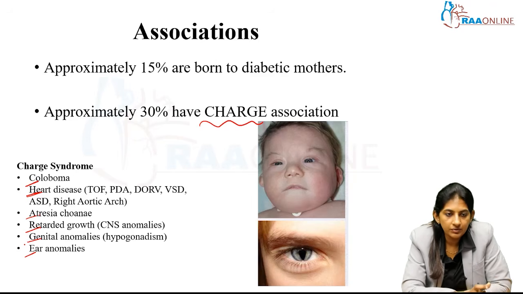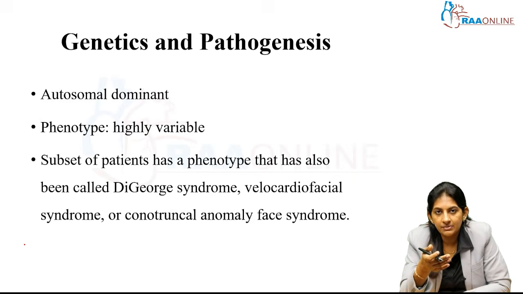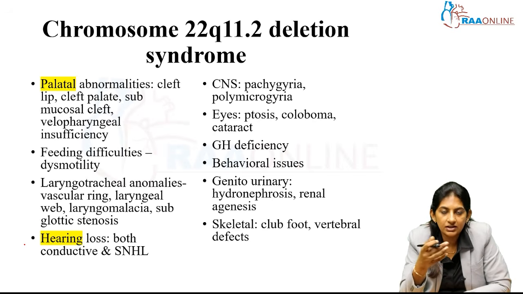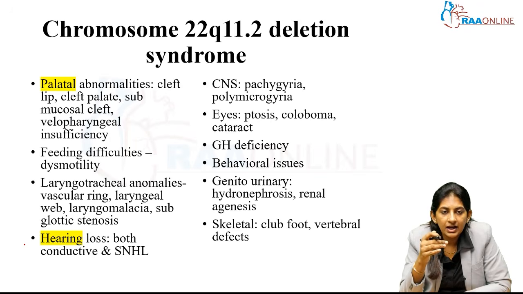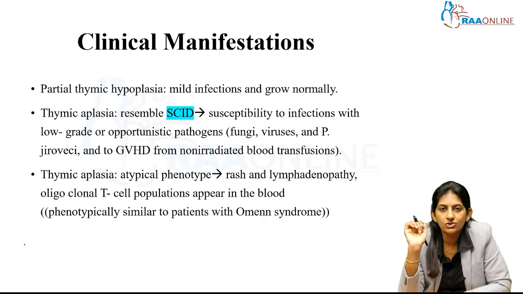So most often, based on the CHARGE mnemonic, you can write the previous features also, like C for coloboma, heart disease, etc. Genitourinary abnormalities are present, growth retardation is present, gastrointestinal abnormalities, and even ear abnormalities, that is hearing loss. So most of the features you can write based on the CHARGE mnemonic for DiGeorge also.